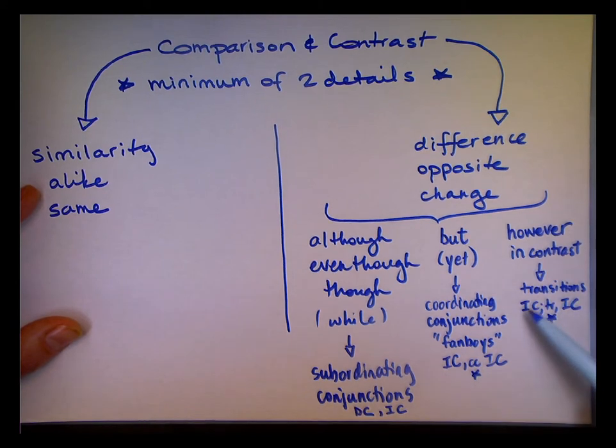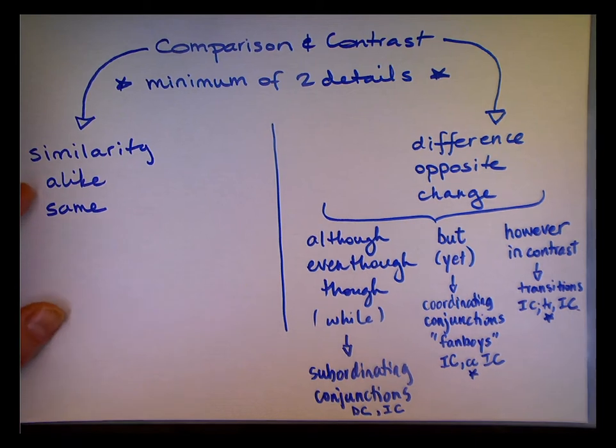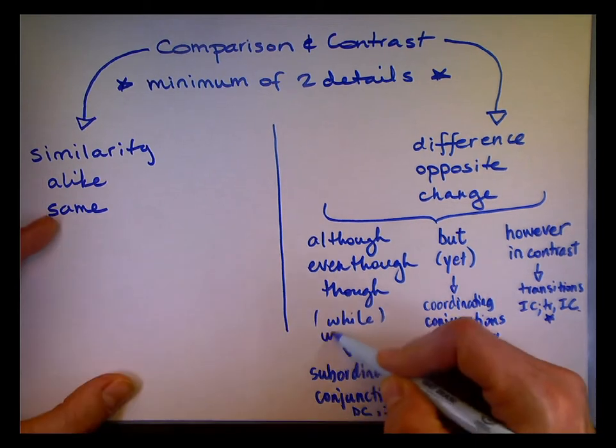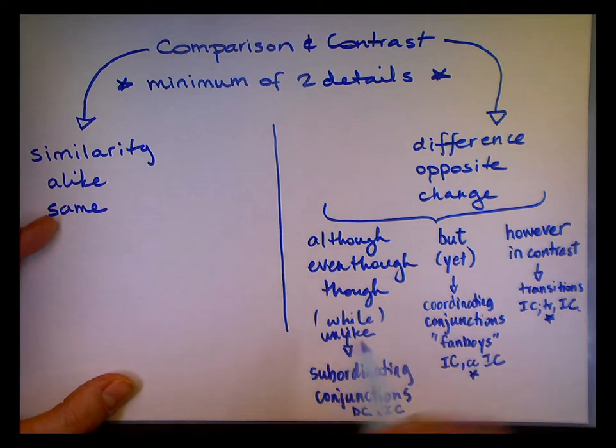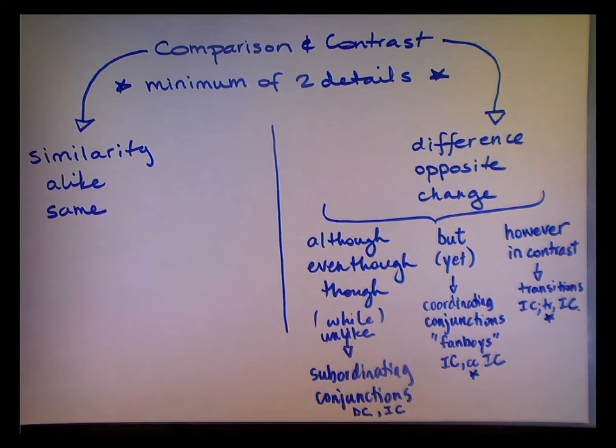So we've got these transitions. Those of you that know the sentence structure, these would be the ones that go with the semicolon before it and the comma after it. So it's that transition in between that tells the reader, this is the first part of the two details, and this is the second part. And because that word is in between them, they are different in some way.